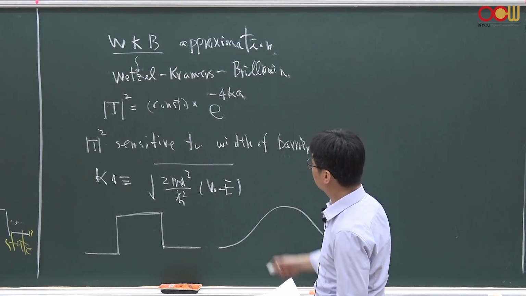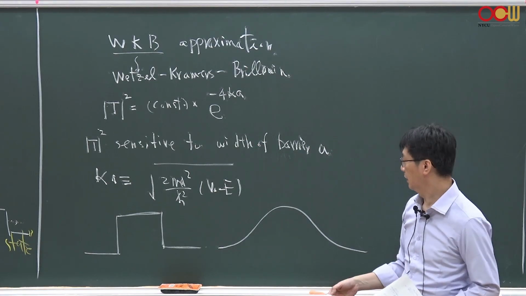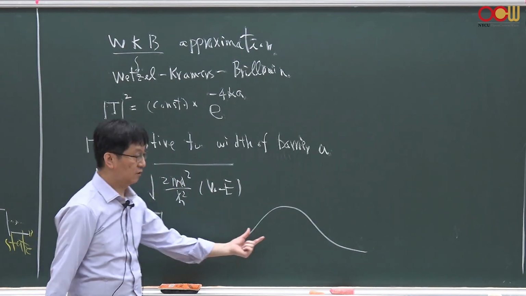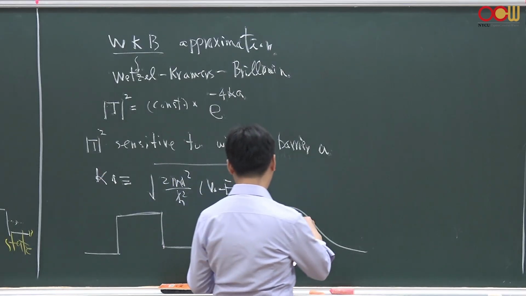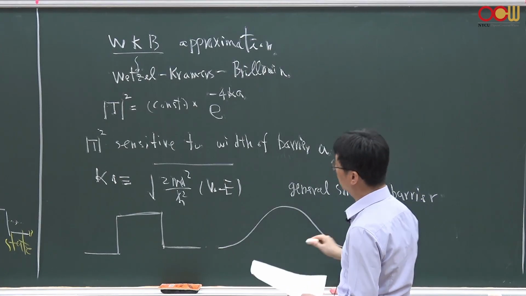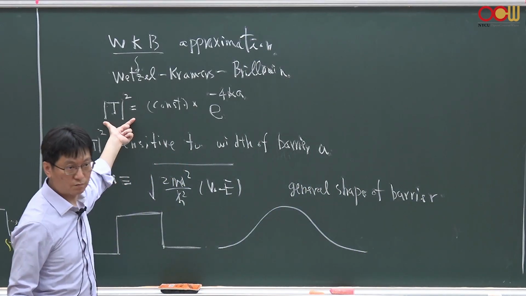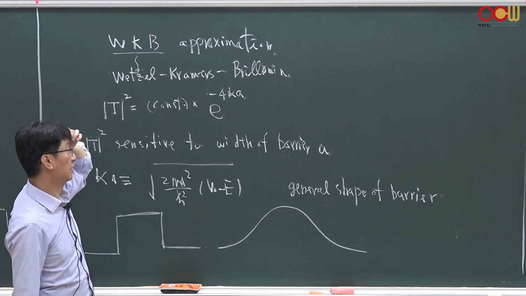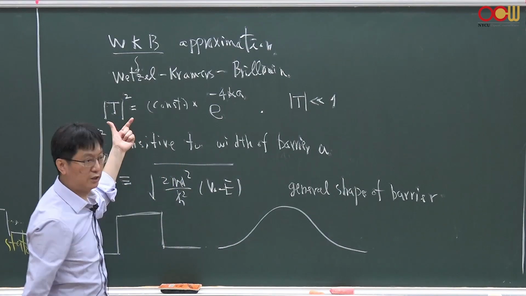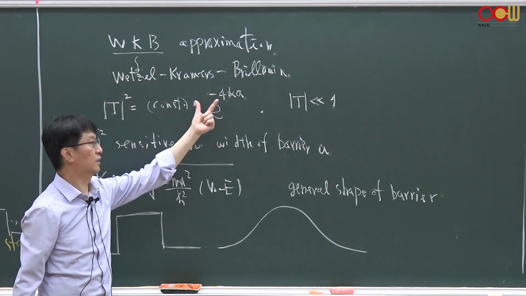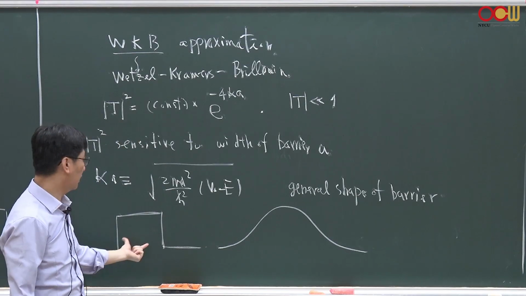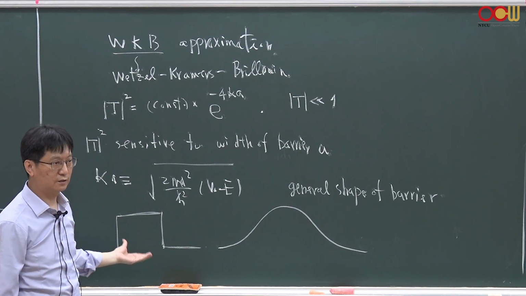But when the transmission coefficient is small enough, we can make some approximations to deal with this more general shape of potential barrier, because we already know the solution in this small transmission regime: T squared is given by a constant times e to the minus 4 kappa a. This is the starting point for the square-like barrier in the weak tunneling limit.